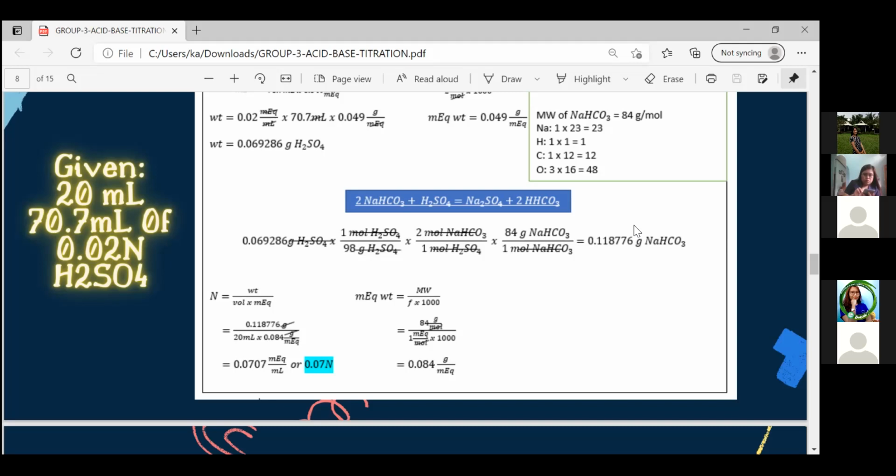So overall, we have 0.118776 grams NaHCO3.